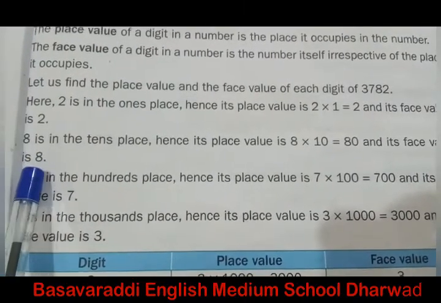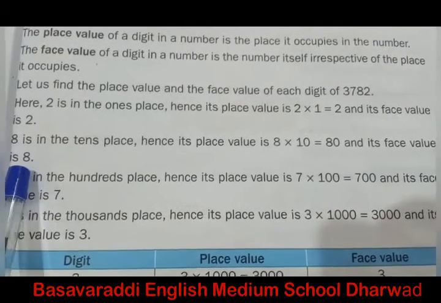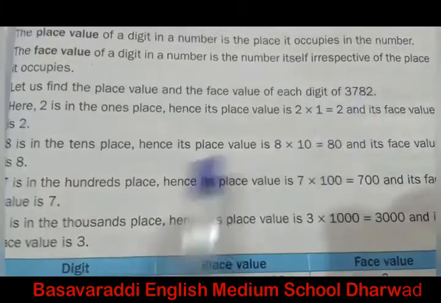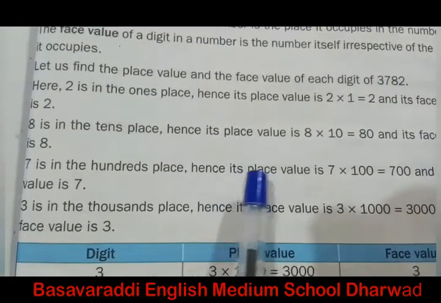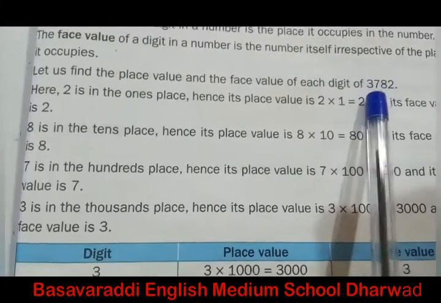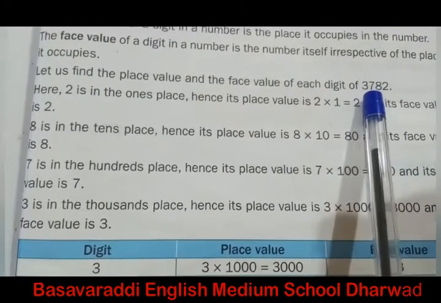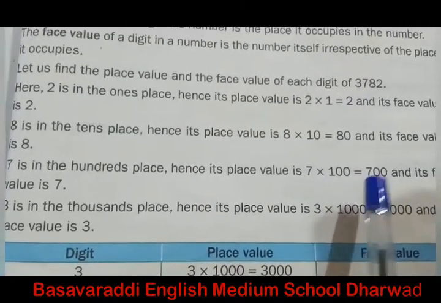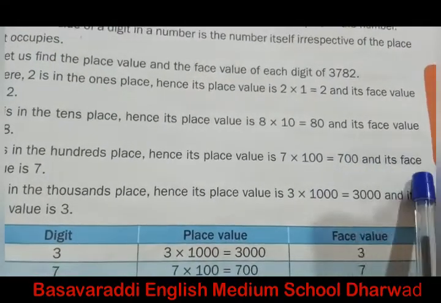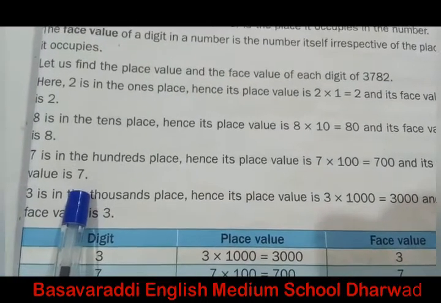Now 7 is in the hundreds place, so you have to multiply by 100. 7 into 100 is equal to 700, and its face value is 7 only.